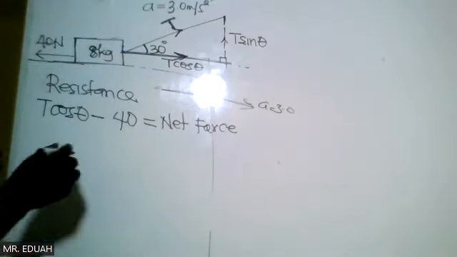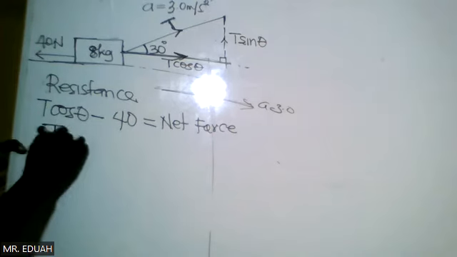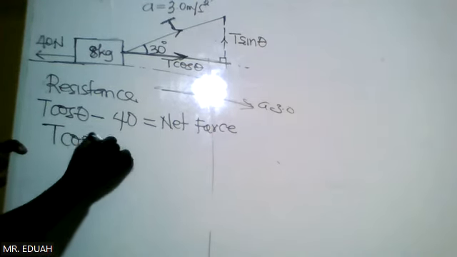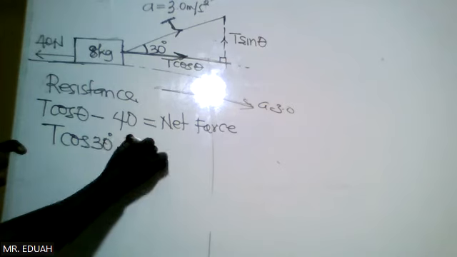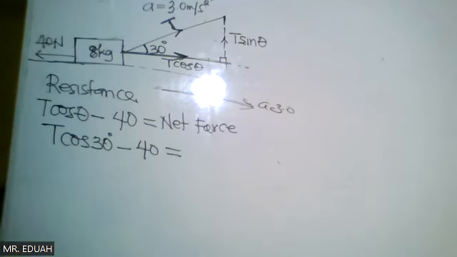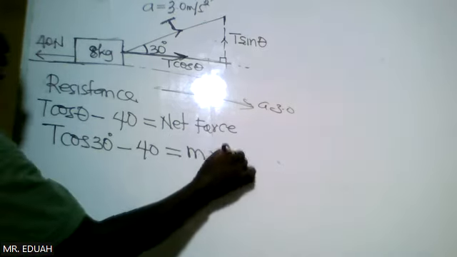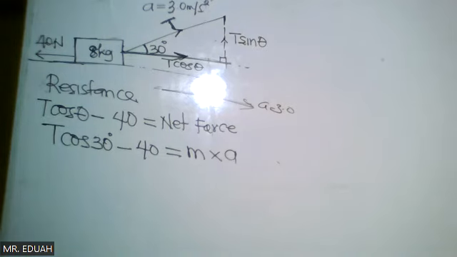So T cos 30 minus 40 must be equal to the net force, and every force is measured by mass times acceleration.